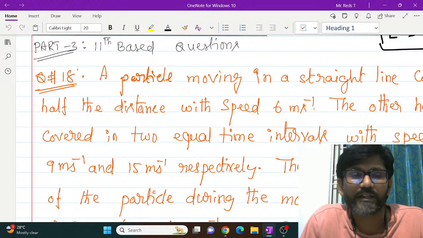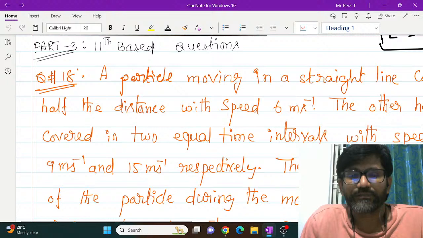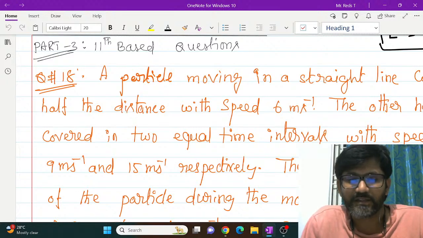I am not pointing this out in a negative way. You have to start practicing. To practice physics questions and numericals, first read the question and write down the given data, then write down what you are asked to find. Very simple thing.